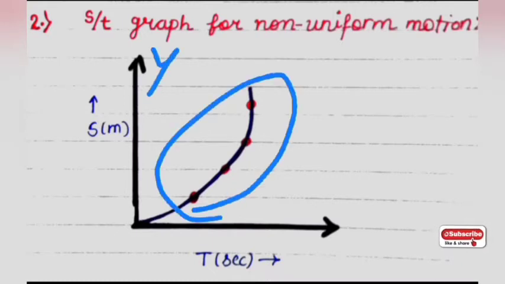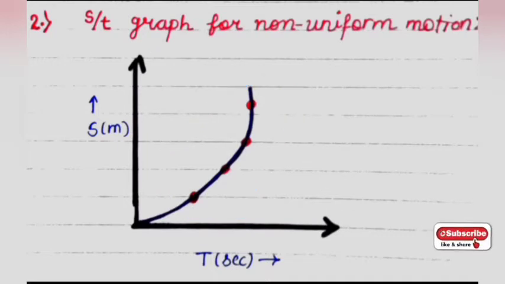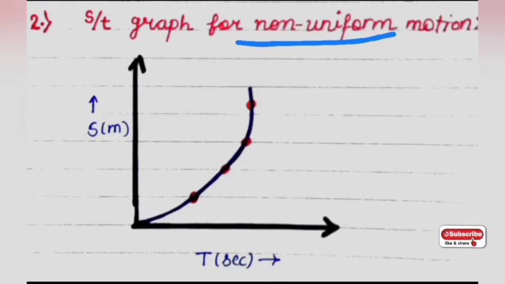The graph is almost the same: the x and y axes denote time and distance. But the graph is like this, and that is called non-uniform motion. So what you have to remember is that in non-uniform motion, the graph line is curved.